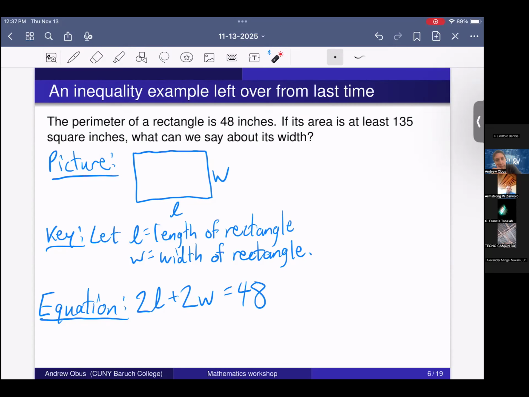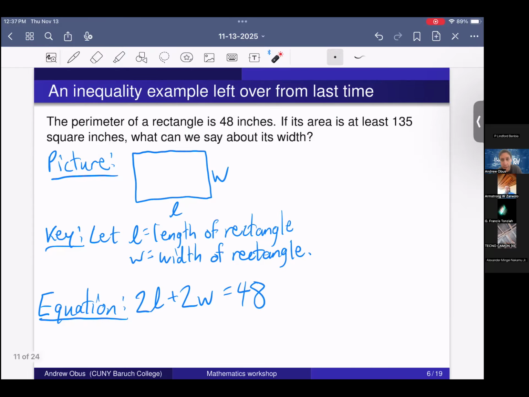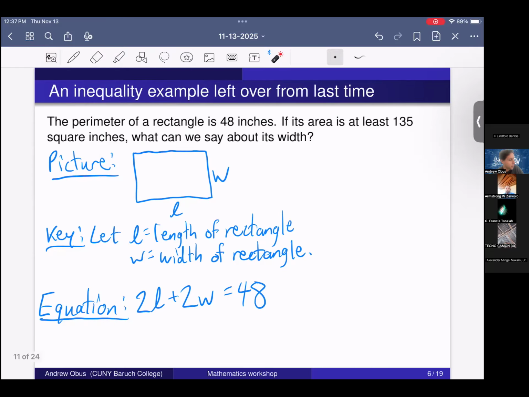All right, so look at the equations. That's exactly right. So L plus W, that's exactly the perimeter, and that's 48. But we also have the area, right? And so the area of the rectangle is L times W, and we want that to be at least 135.